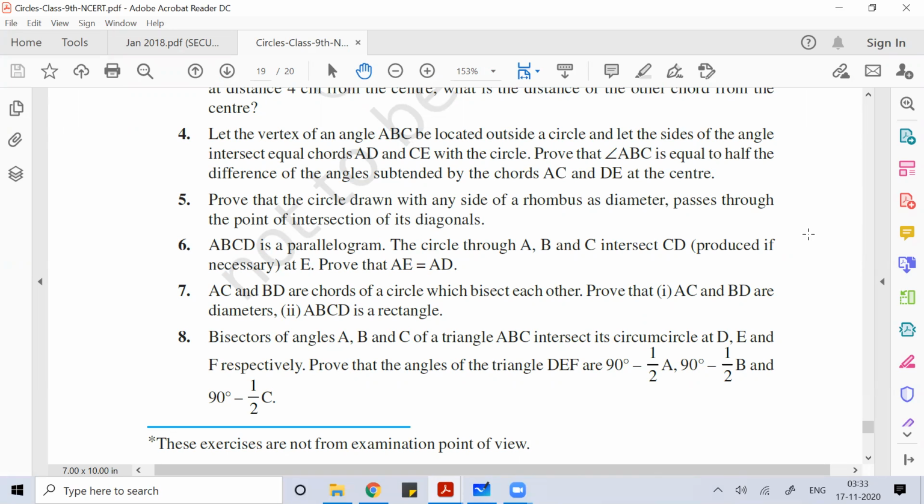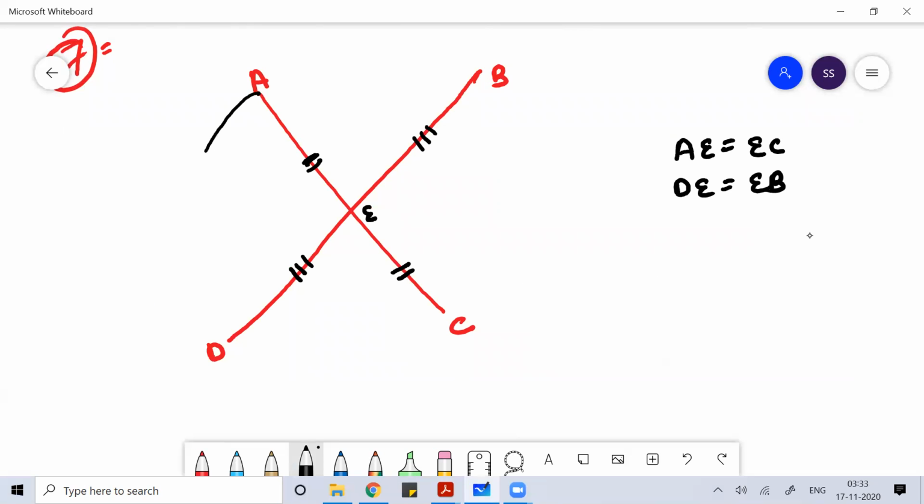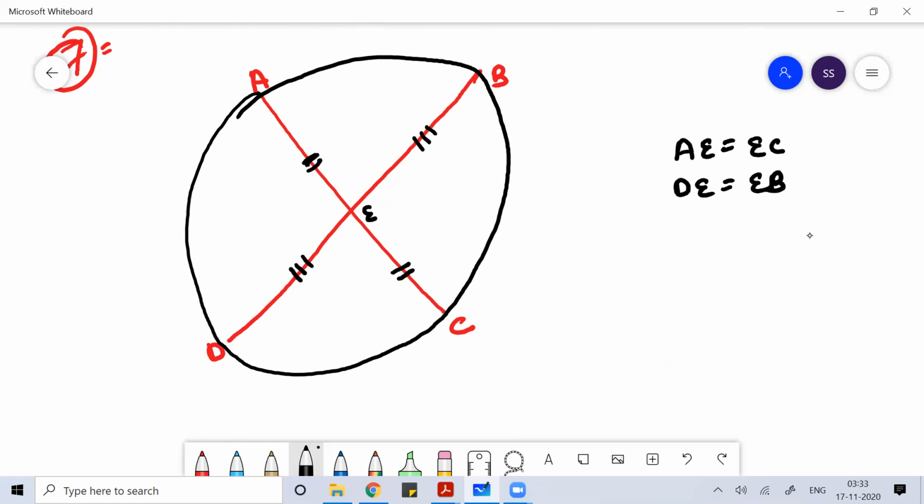So prove that AC and BD, because they are chords, definitely they are passing through the circle. So what you have to prove?